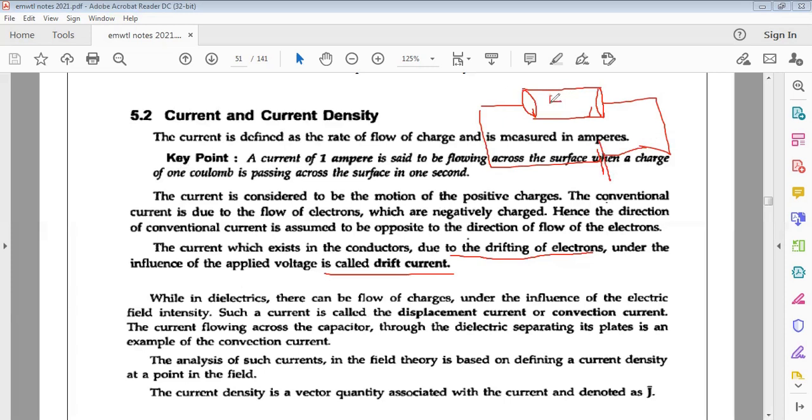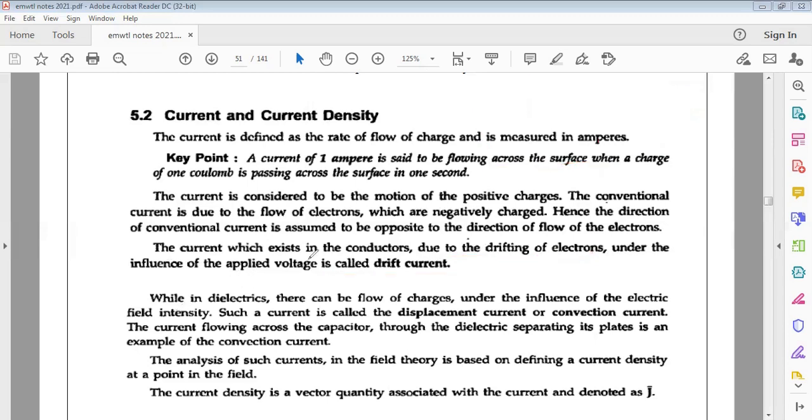Now the electrons flow in this direction, and the conventional current I flows in the opposite direction. So the current which exists in the conductor due to the drifting of electrons under the influence of applied voltage is called the drift current.